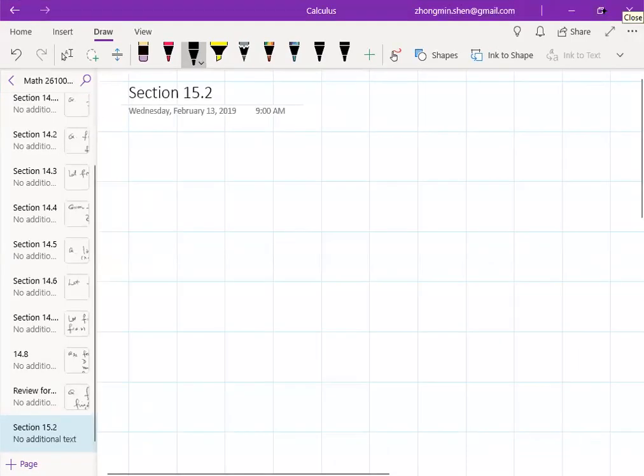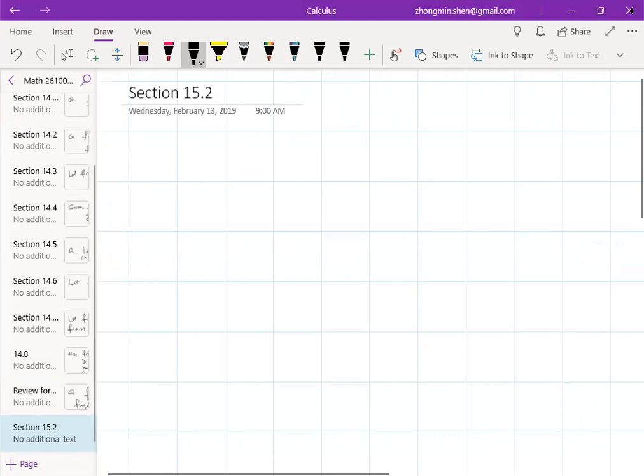Right. So in the last class, we started double integrals, and there's a very important theorem by Fubini. It's called Fubini's theorem. So we can use a single integral to evaluate a double integral.